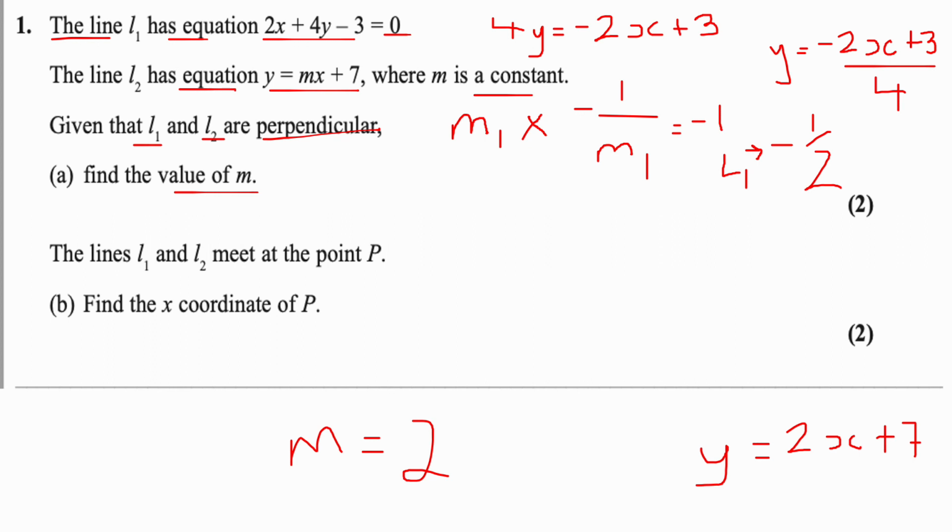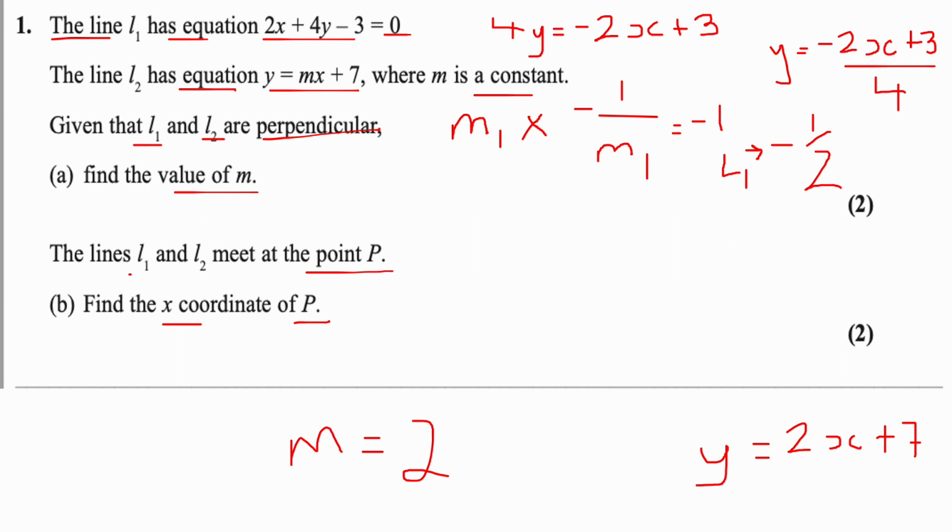That's the rule. Now, the lines L1 and L2 meet at point P. Find the x-coordinate of P. This is the point of intersection, so I'm going to substitute L2 into L1 and form an equation in terms of x.